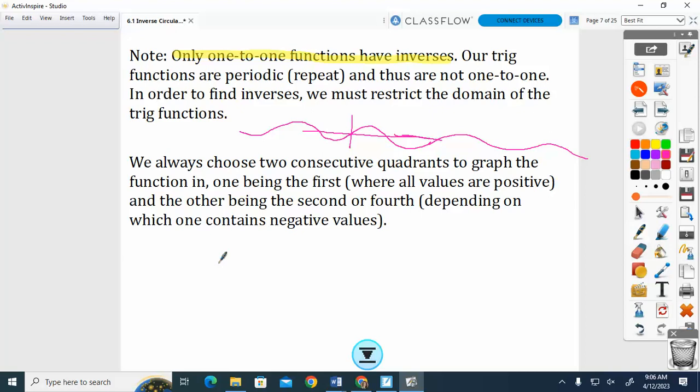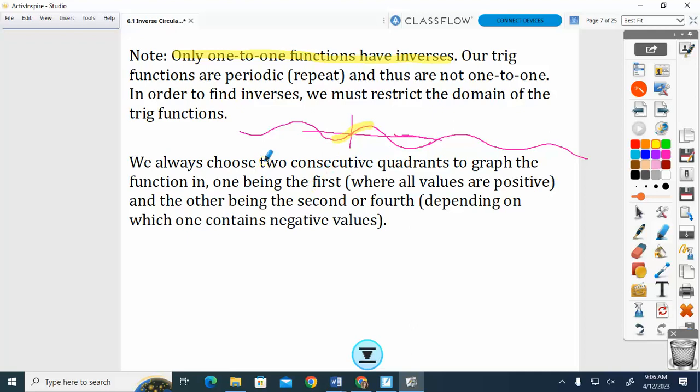We are going to take a portion of it that shows us the entire graph, but is one-to-one. For instance, on my sine function, if I took this little section here, does that hit every y value my sine graph hits? Yes, and it's one-to-one.